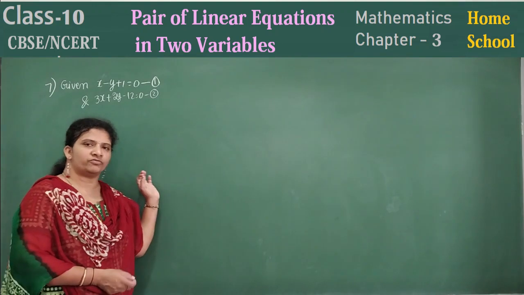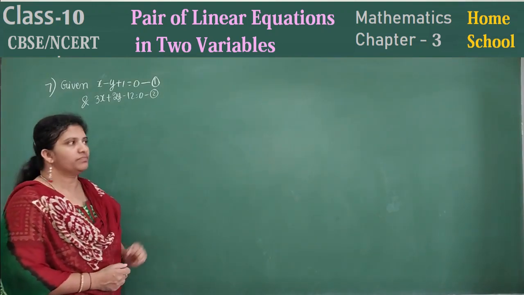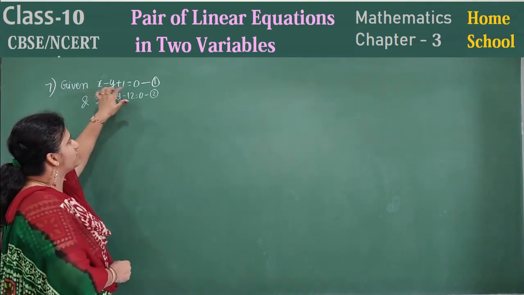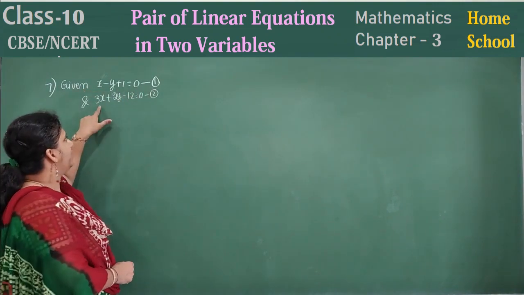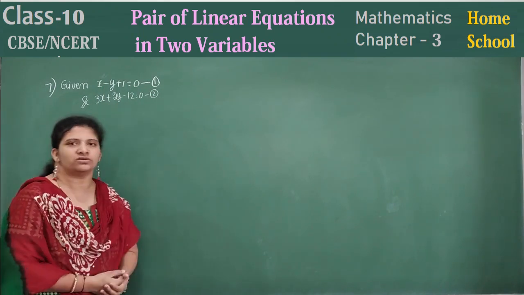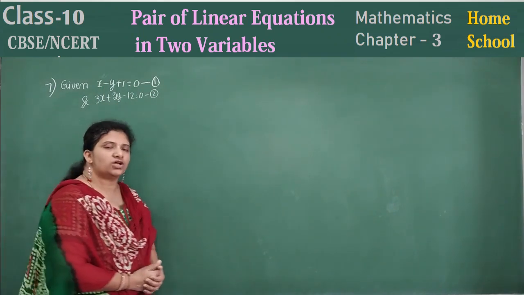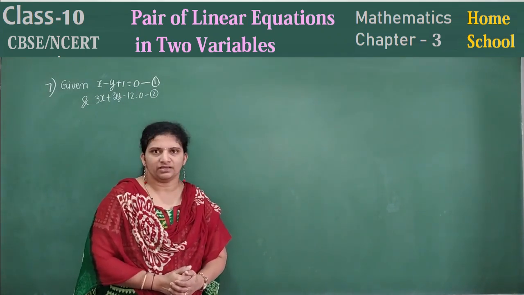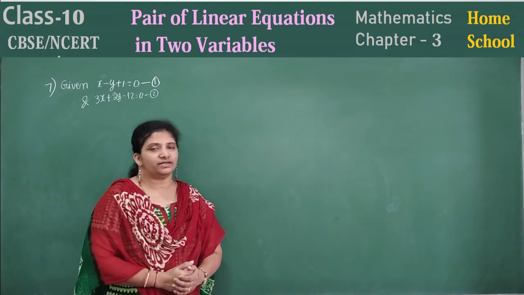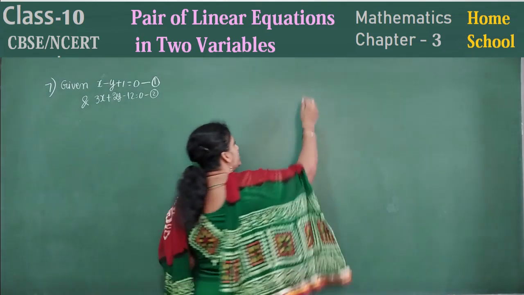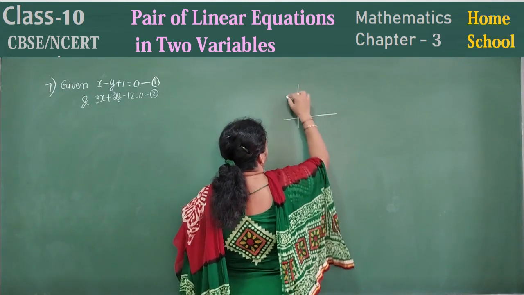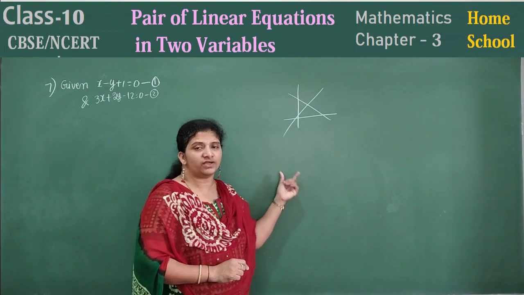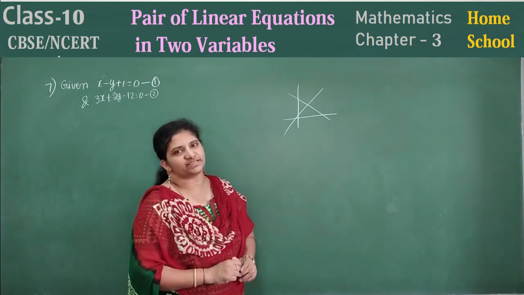See the last problem of this exercise, that is your 7th problem. They have given us two equations. What are the two equations? x minus y plus 1 equal to 0 and 3x plus 2y minus 12 equal to 0. So, by solving graphically, the two lines will be intersecting, it seems. And if they intersect, what is the question here? Determine the coordinates of the triangle so formed with the x-axis.